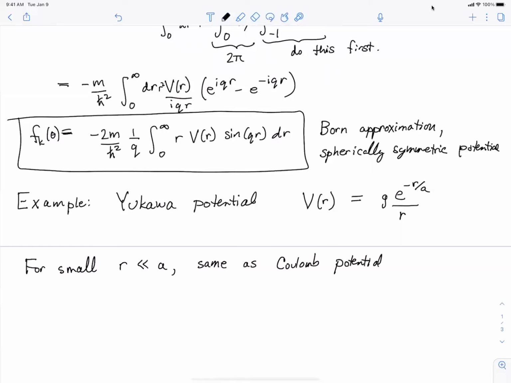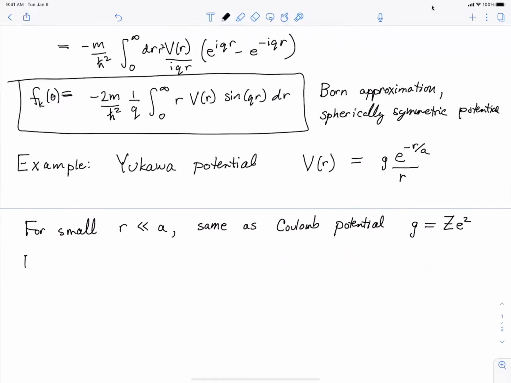And so to compare with Rutherford scattering, we would take our factor of g and call it the atomic number of the atom that we're scattering off of times e squared, the charge of the electron squared.